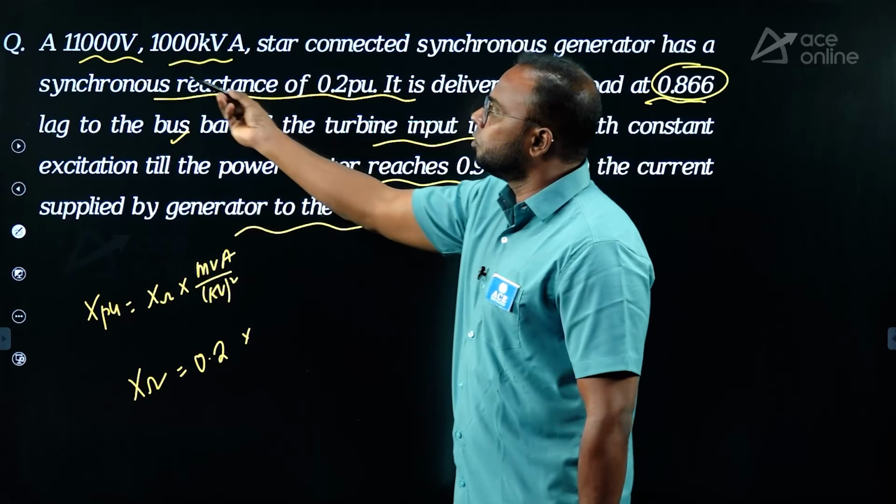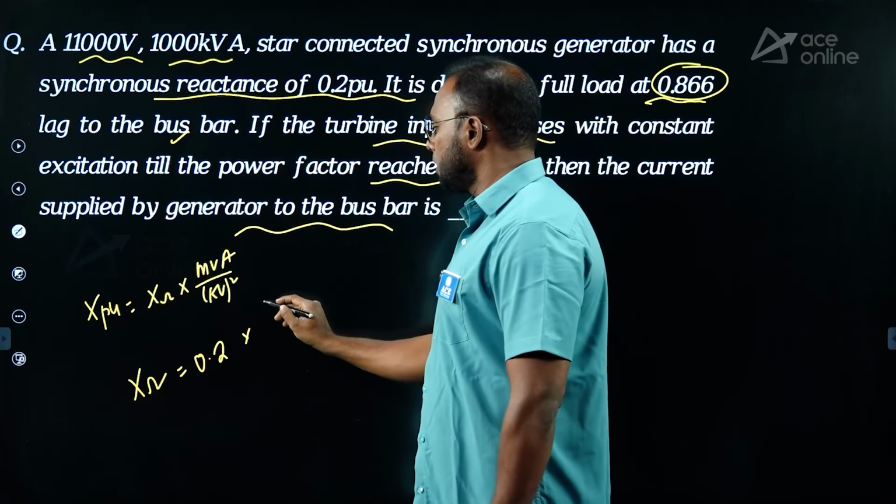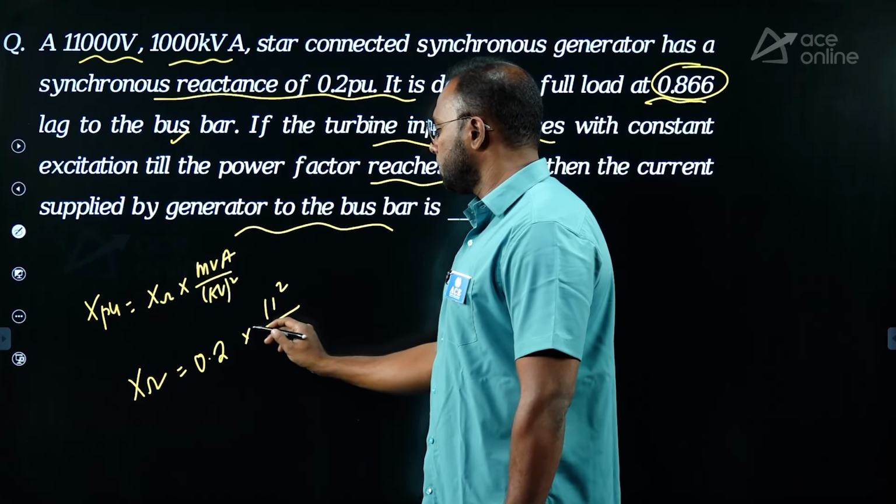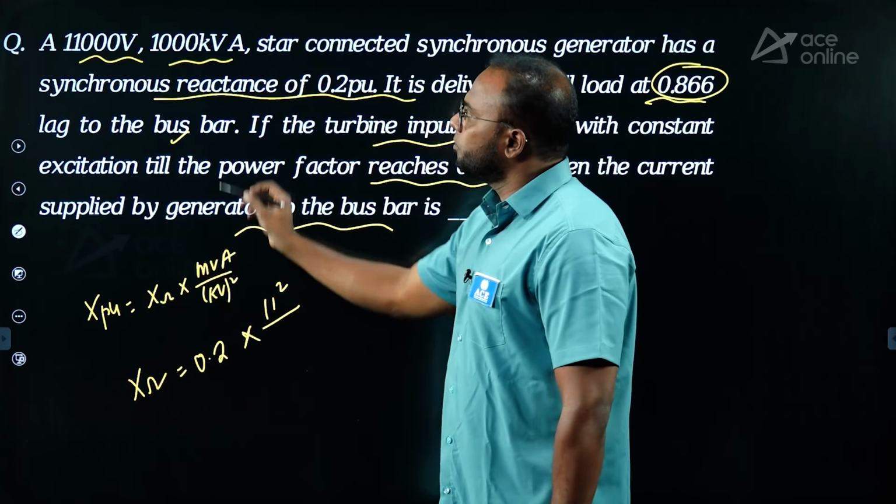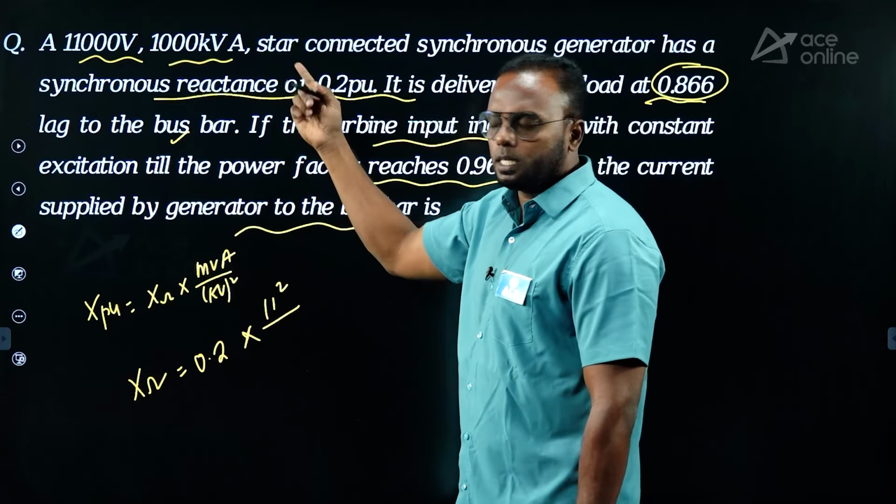What is the kV in voltage? It is 11 kV, so 11 squared divided by MVA. How much MVA is it? 1000 kVA, nothing but 1 MVA.